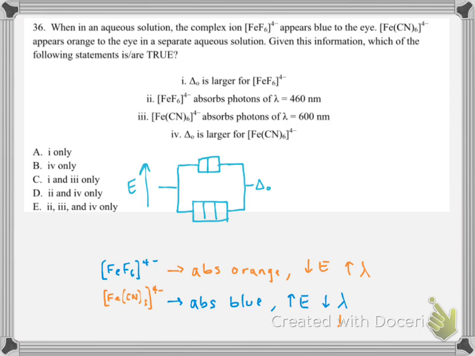Okay, and this energy corresponds to the gap here, this delta. The bigger the delta, the bigger the energy. Okay, and so the FeCN6 4-, since it absorbs the higher energy photon, would actually have the bigger delta. So 1 is false.